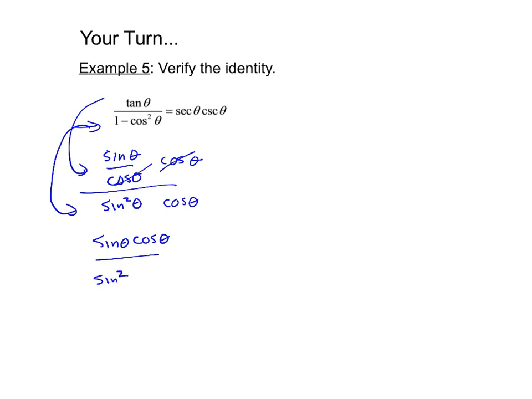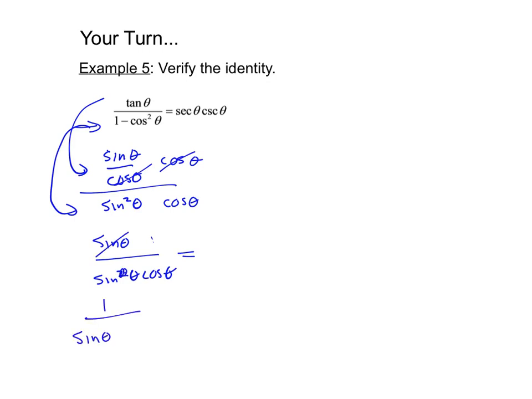All right, so I'm going to have sine of theta cosine of theta over sine squared. Wait, hold on. I'm not going to have that. What am I doing? Sine squared theta, cosine of theta. So now what you have is 1, sine of theta over sine squared of theta. So this is going to cancel out, that's going to cancel out.